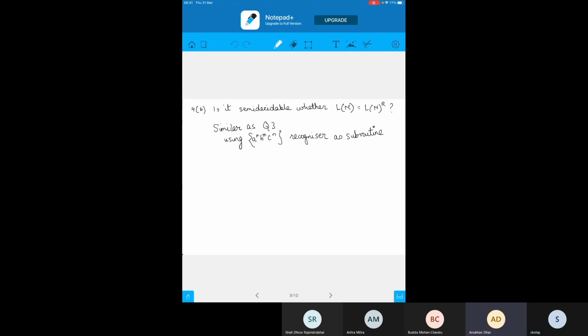Ma'am, here exactly what we are doing... Okay, let me see. Right, you're right. This is not the reduction. Okay, so let's try for this reduction.